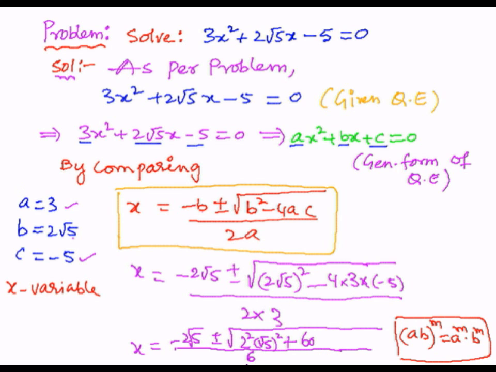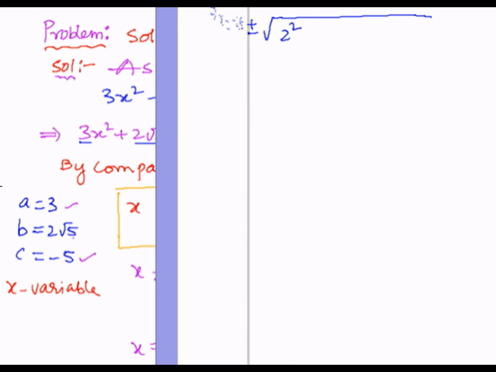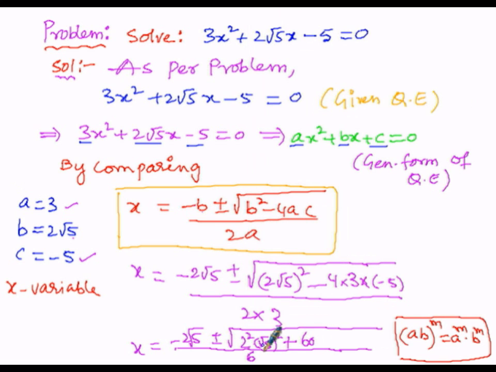Then the next logical step will be x equals to minus 2 root 5. So, that implies x equals to minus 2 root 5 written as it is, then plus or minus under root 2 square and root 5 whole square, but here we can cancel root and 2. So, just 5 is left over, then plus 60 overall divided by 6.